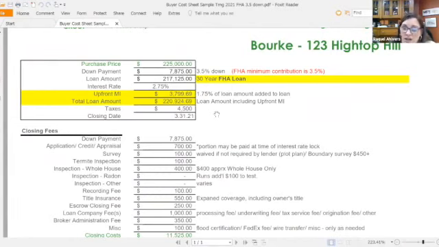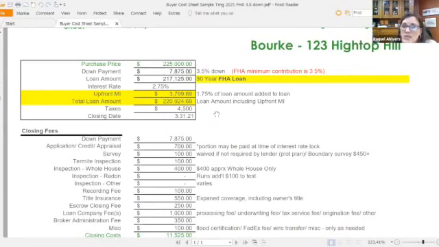On FHA, they have to have a minimum of 3.5% of their own money. So if we were to take that same house at 225 and they wanted to put down the least amount of money, the seller can contribute up to 6% of the purchase price as long as the buyer has 3.5%. So in this case, the buyer has to have 78.75 into the home.